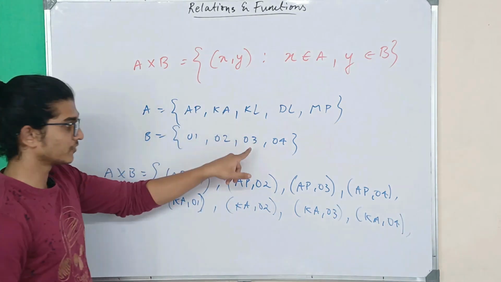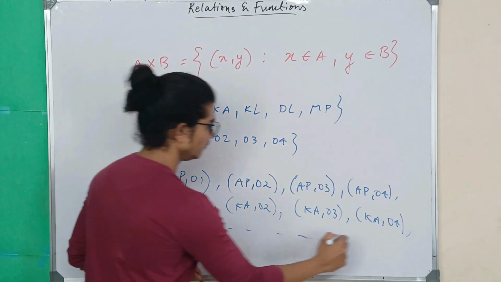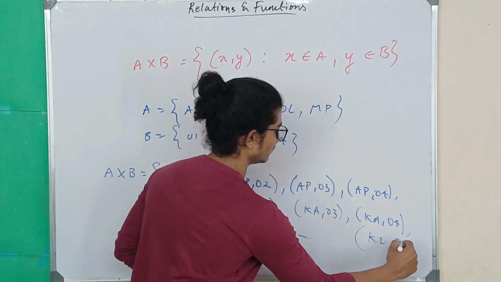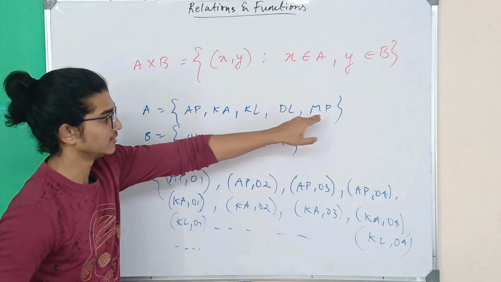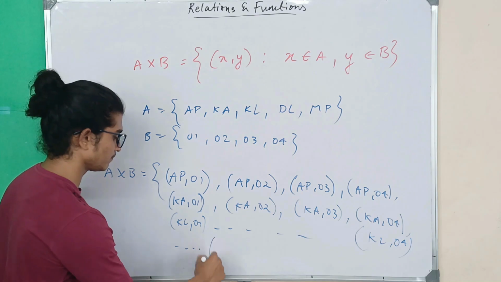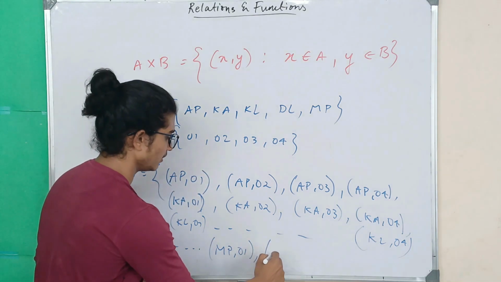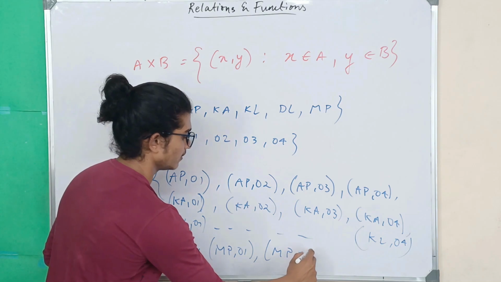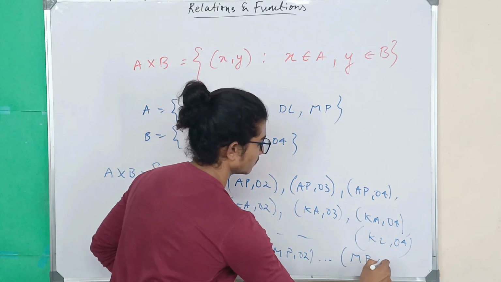In the exact same way you can do it for Kerala also: (KL, 01) all the way up to (KL, 04). In the same way for Delhi, and so on. And the last one, (MP, 01), (MP, 02), all the way up to (MP, 03), (MP, 04).